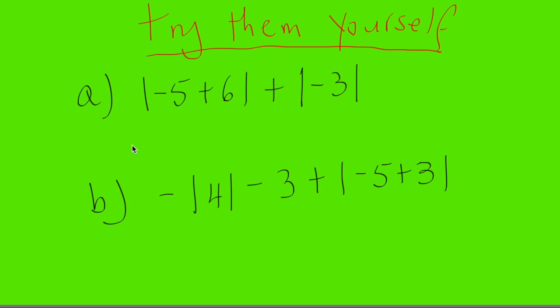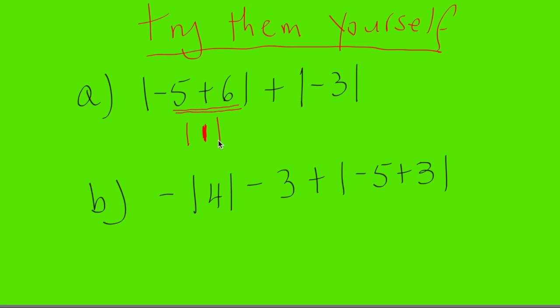All right, we have two problems to try. The first one is absolute value of negative 5 plus 6 plus absolute value of negative 3. We're gonna go ahead and solve the absolute value first. And because we have negative 5 plus 6 and they have different signs, we're going to subtract. That's 1. And because 6 is greater, your answer is positive.